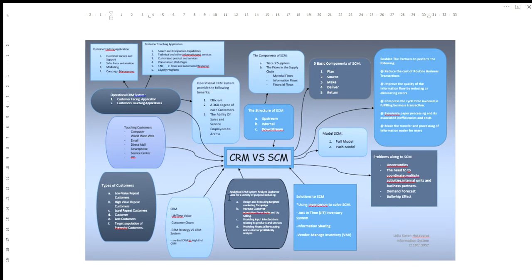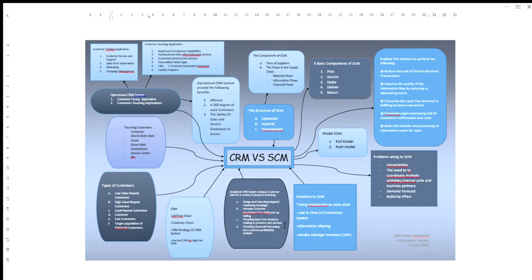In the analytical CRM system, we analyze customer data for a variety of purposes, namely: A, we must focus on designing and executing targeted market campaigns appropriately. We must not equalize customer desires, such as how to deliver offers and others. B, increase customers.